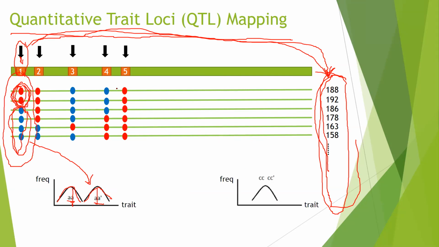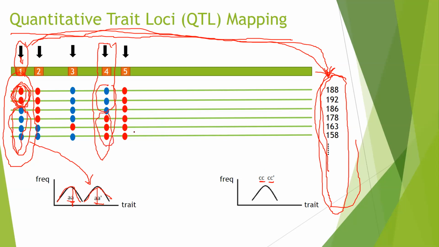However, for some other markers, let's say for this marker, there are two genotypes as well, either homozygous CC or heterozygous CC prime. These two genotypes can also subdivide the same sample into two subgroups.